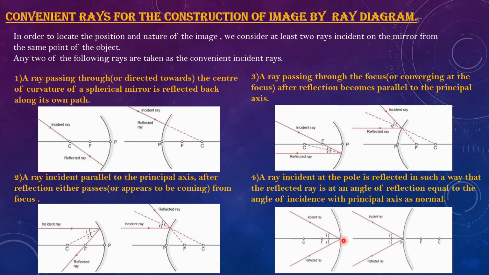When an incident ray strikes the pole, it is always reflected back at the same angle of incidence, that is, angle of I will always remain equal to angle of R when the light ray strikes at the pole, for both the cases in concave and convex mirrors.